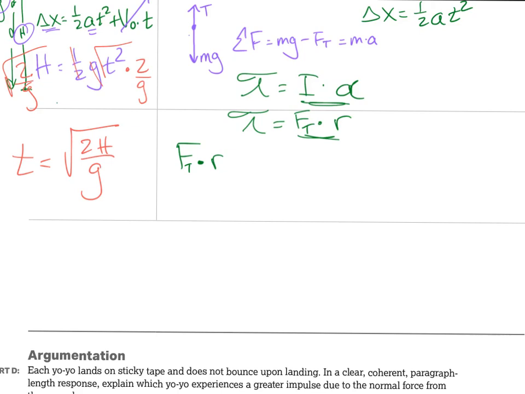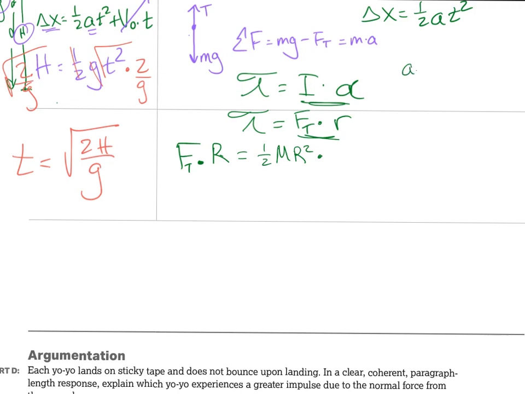So let me just erase that. We'll try to use capital R, because that is the radius at which the force would be pulling, and that should be equal to I, which they gave us as 1/2 capital MR squared times alpha. And instead of writing alpha, we're going to go back to an expression from large group.